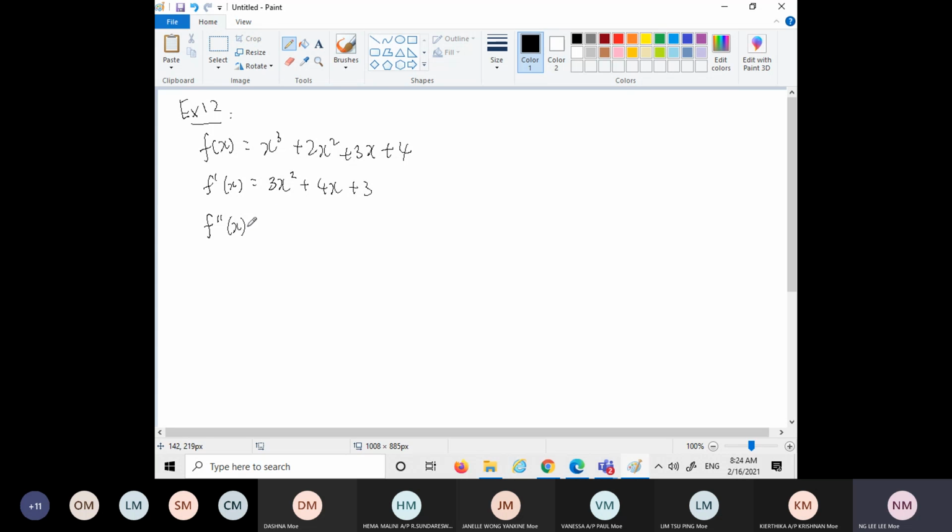So f double prime x: differentiate one more time. 3 times 2, 6. 2 minus 1 is 1. Differentiate 4x, you get 4. That's all. Differentiate 3, you get 0. Now I'm ready with f prime x and f double prime x.